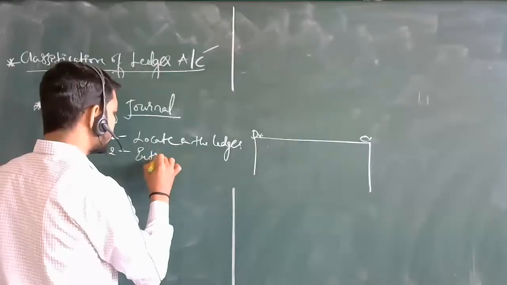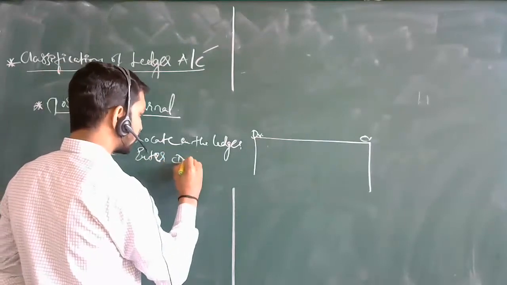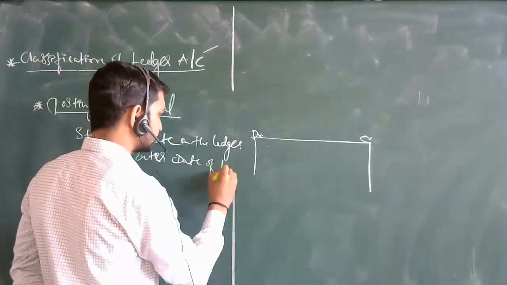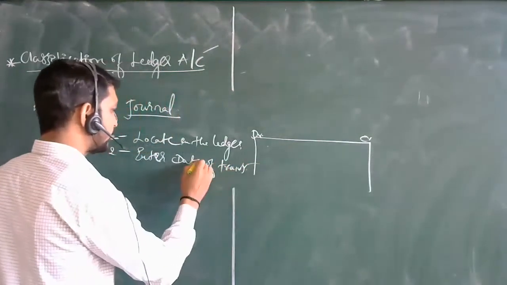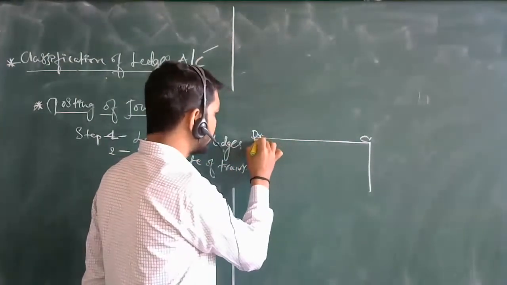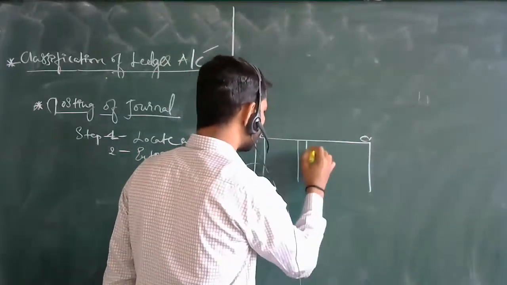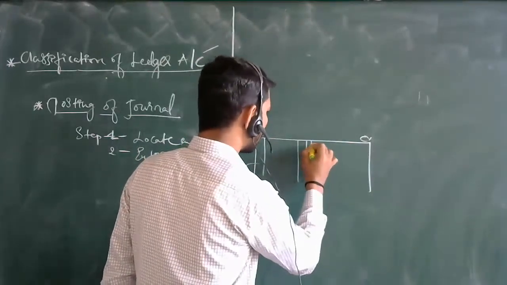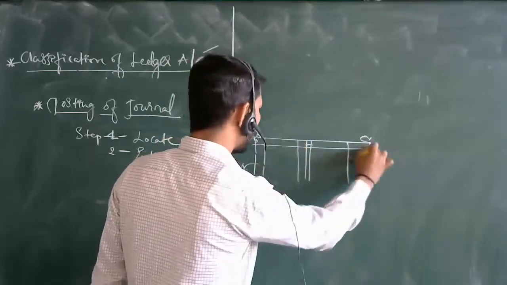Here the first thing, you are going to enter the date of the transaction, the date at which you took the transaction, in the date column. Obviously you will see the date column first, and even here you will have the date column in the same way.